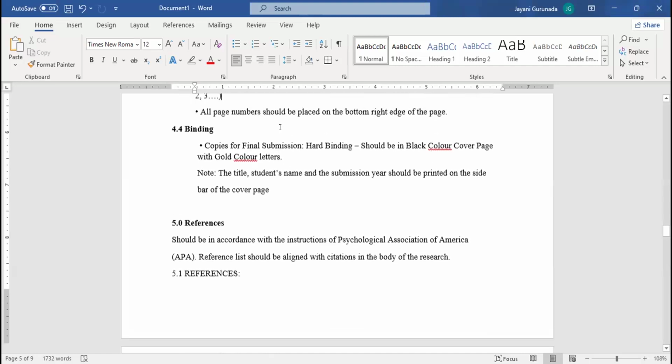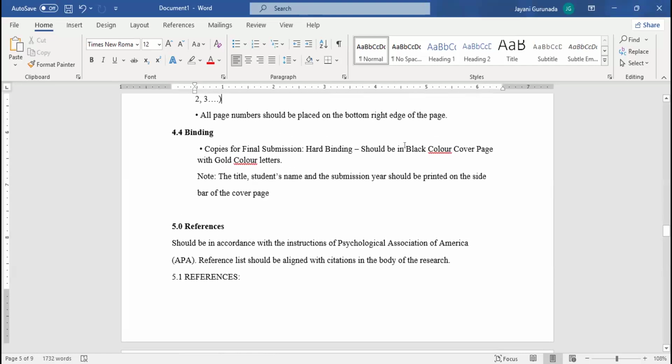May I share the maroon with the group? Yes, sure. Maroon color cover page with gold color letters, right? Then the title, student's name, and the submission year should be printed on the side, right? Binding.